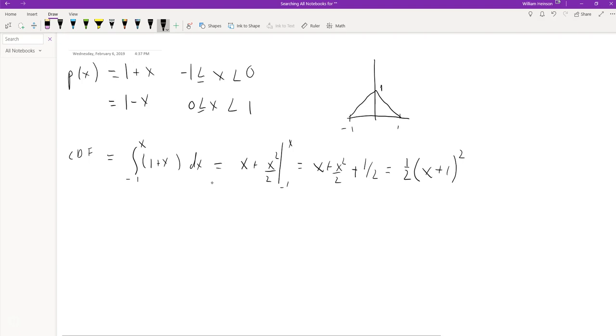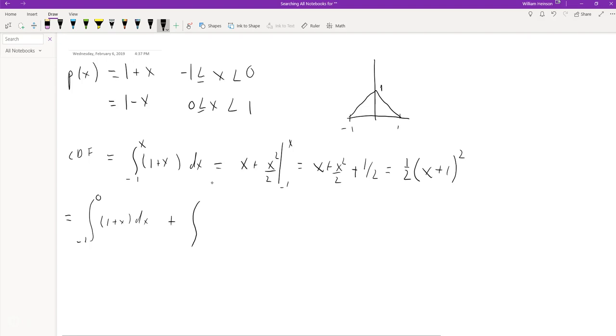Okay, so then we need to do the CDF for the second region here, which means we have to start from -1, go to 0, which is this guy here, which you can just put this solution here, 0. So we'll just do this over here.